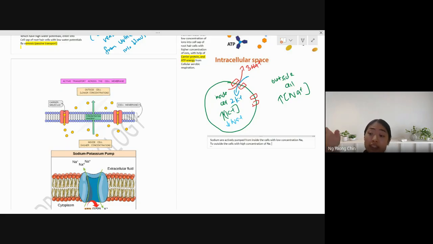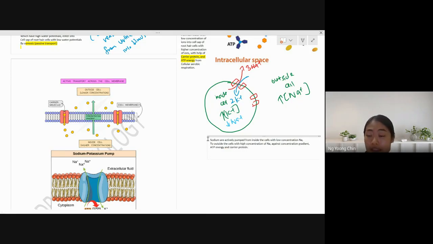So this means it is going against the concentration gradient, just like you climbing a hill from the very low level to the top layer. Against the concentration gradient, so they require the ATP energy and carrier proteins.